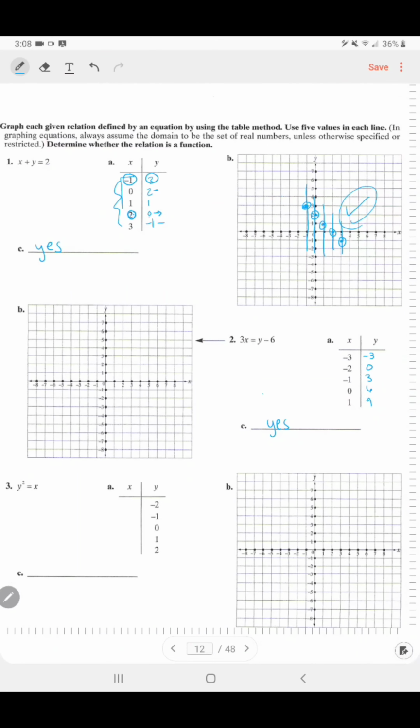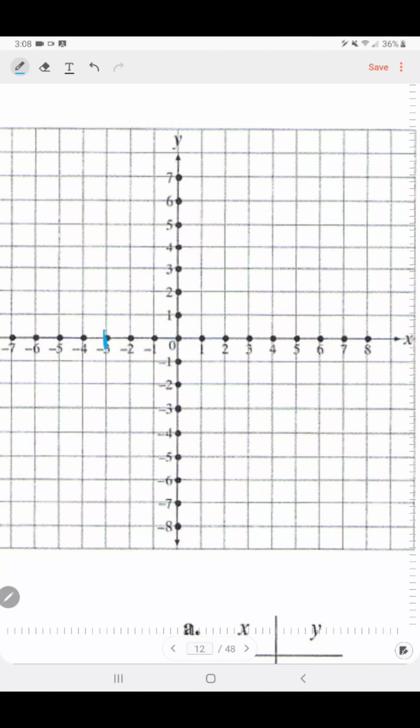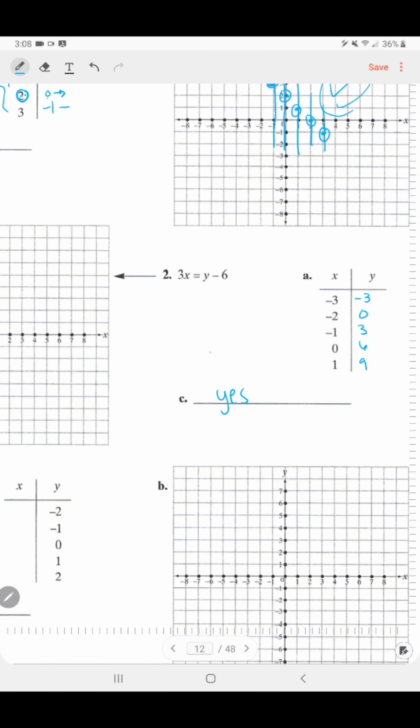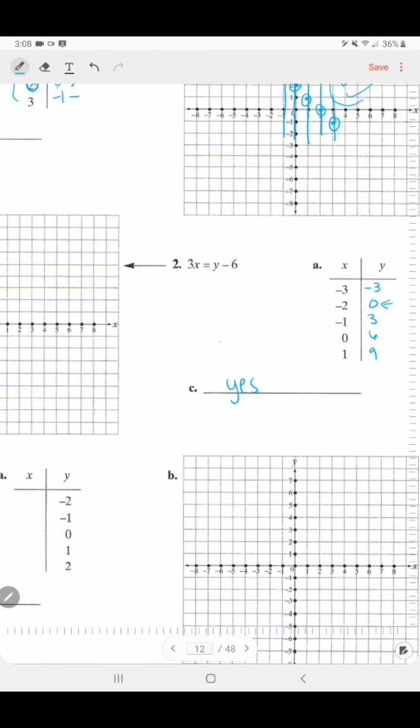Okay, so we've got negative 3, negative 3. So right there. Negative 2 and 0. So again, if the y is a 0, that means the dot is going to lie on top of the x line.